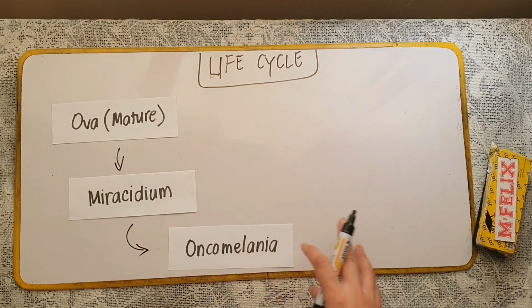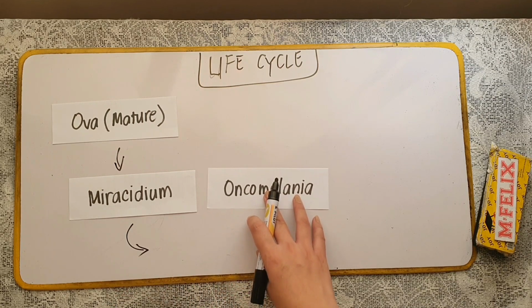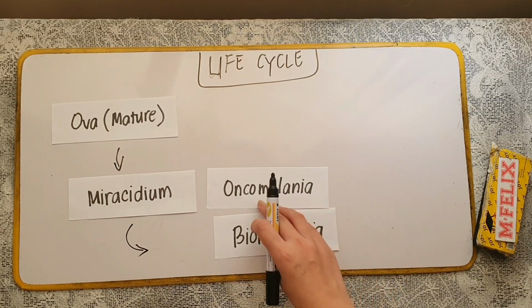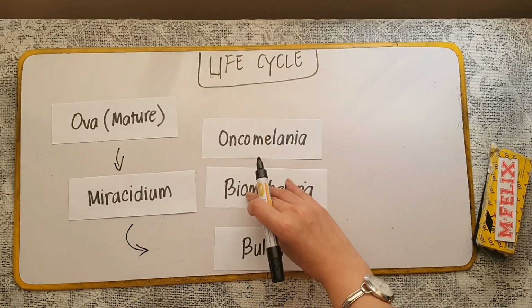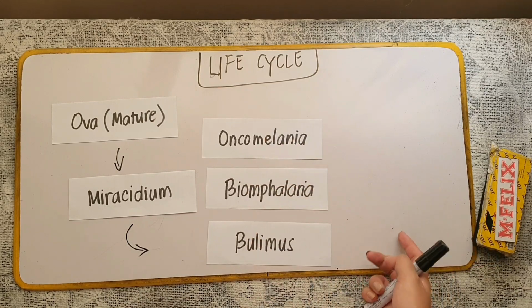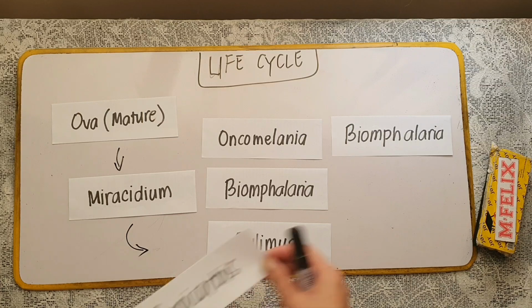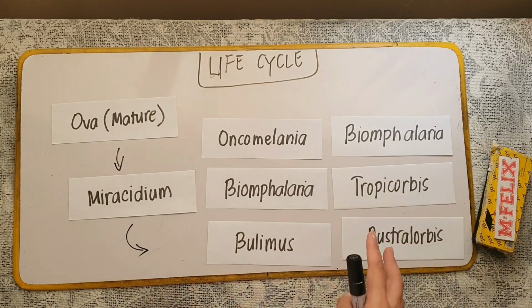In the case of Schistosoma japonicum, their first intermediate host belongs to the genus Oncomelania. Whereas for Schistosoma haematobium, their first snail intermediate host belongs to the genera Bulinus and Biomphalaria. And for Schistosoma mansoni, their first snail intermediate host belongs to the genera Biomphalaria, Tropicorbis, and Australorbis.